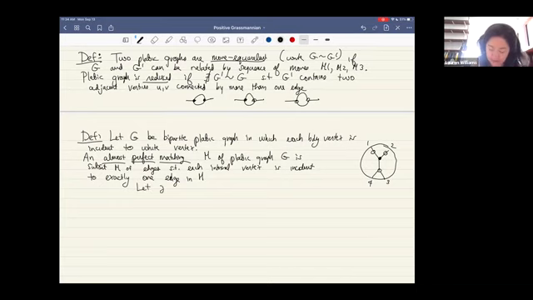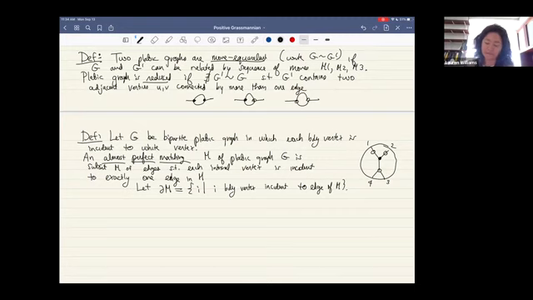And then I'll use this notation, partial M, to be the set of all boundary vertices which are incident to an edge of M.